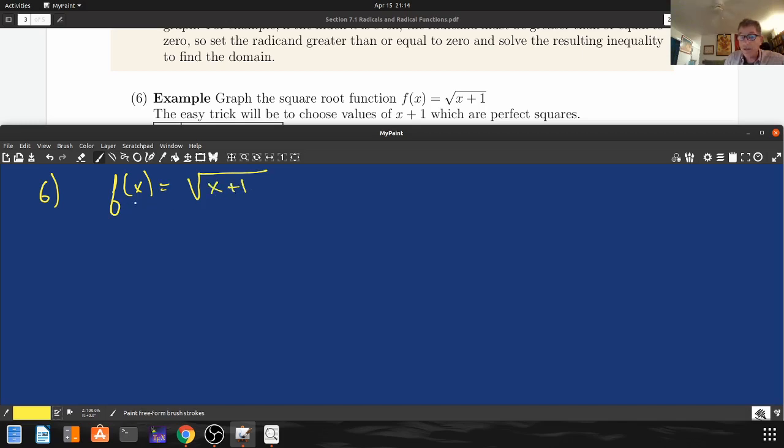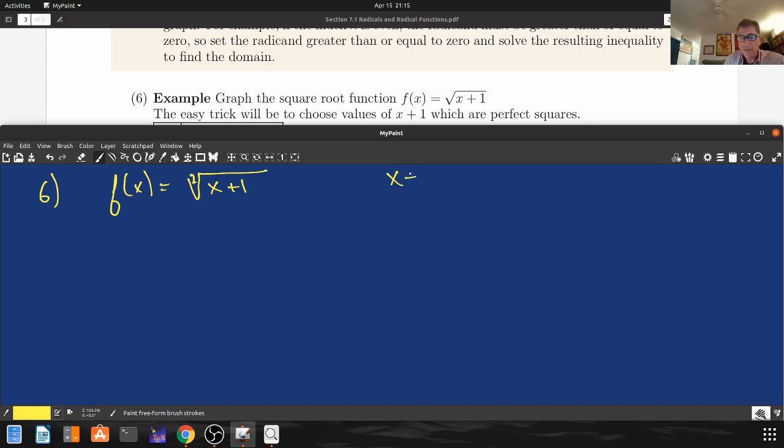So I already know this is a function. If I didn't know it was a function, I couldn't be using function notation. So I know it's going to pass the vertical line test. So the domain, well, the index is even. We don't write the index, but it's understood to be 2. So the index is even.